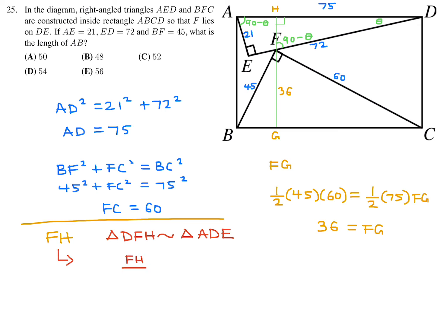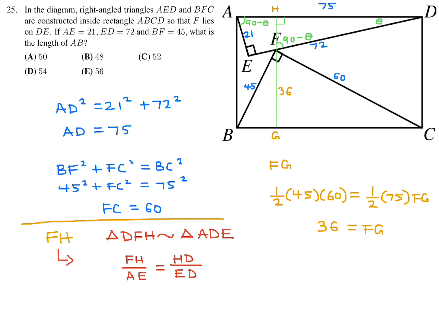FH, which is this side right here, so that's the side that includes 90 minus theta and 90, would be the same as this one, AE, in terms of the ratio. And that would be equal to the ratio of two other sides. So I'll use, say, HD, which would be the 90 and the theta side. And the 90 and the theta side on the other triangle is this one, ED. So HD over ED.